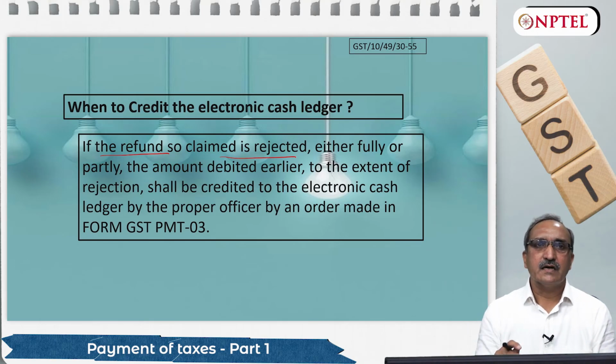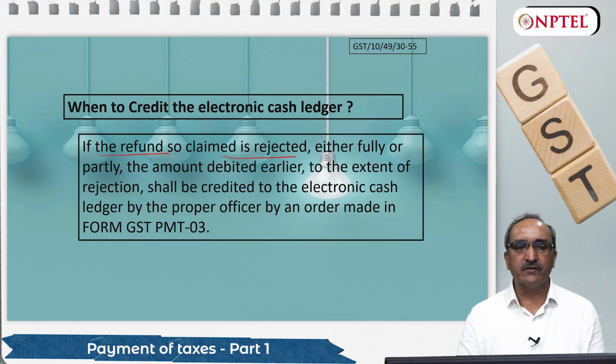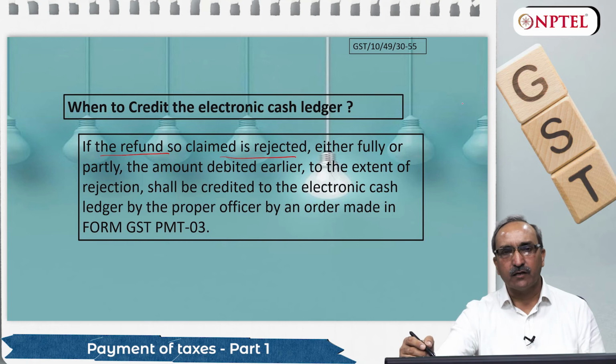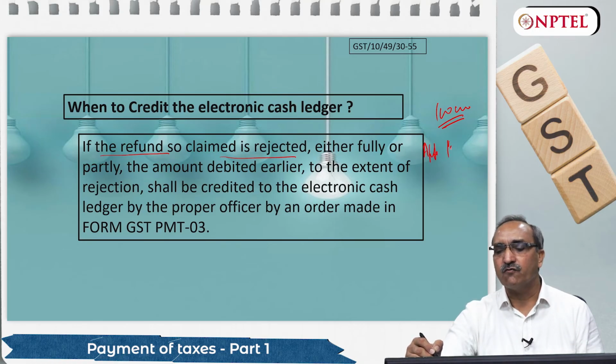Or when I apply for a refund, as told in the previous slide, like the electronic credit ledger, if in the cash ledger I have 1 lakh rupees and I have applied for refund of 1 lakh rupees because I have paid an excess amount, the moment I file my refund application, this 1 lakh rupees will be debited from my cash ledger. So the balance will be nil.